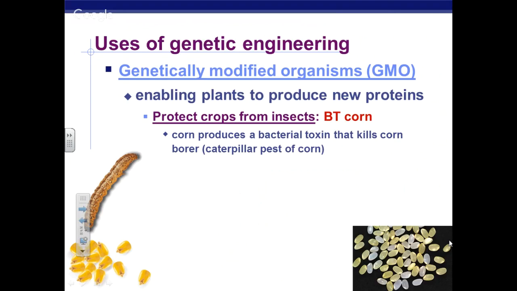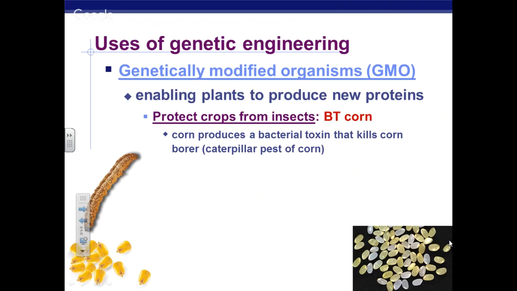The corn borer is really bad for farmers because it will eat their corn crop, and then they can't sell it, and then they can't make money, and then they can't feed their family. So this corn is useful in that it helps protect their crops from one of the types of pests that could eat it and prevent them from making money.